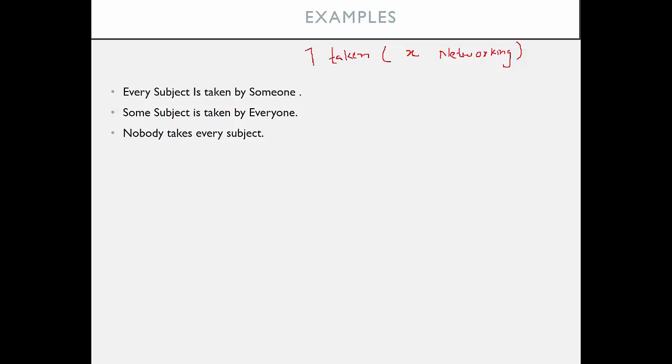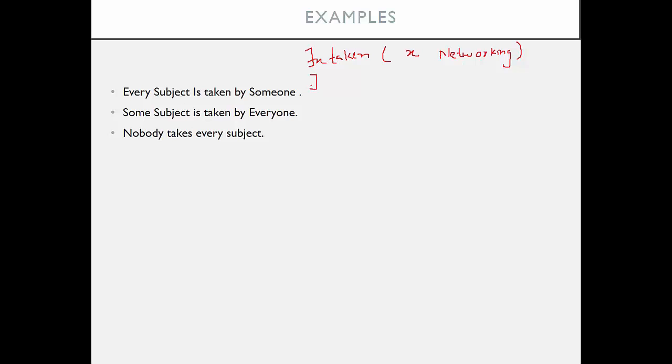Taken by someone. So in the previous examples, we were talking about a person, for example, John takes networking, but here we are talking about networking, which is taken by someone. So this is how we will represent this. But here we're not talking about a single subject, networking. We are talking about every subject, so we could represent it like this. In this case, this networking will also become a variable.